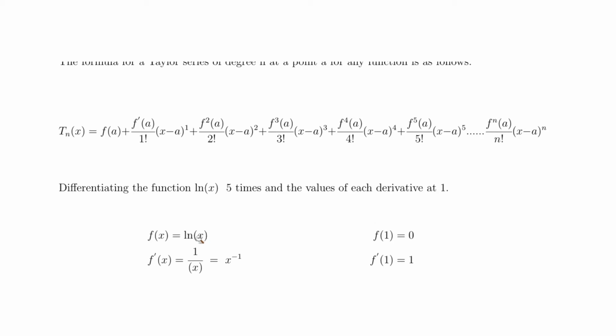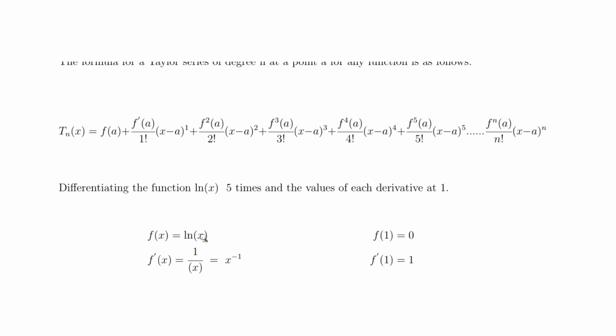Then you take the derivative of natural log of x to get the first derivative. Whenever you're differentiating the natural log of something, you take the reciprocal of what's inside the brackets. In our case it's x, which gives 1 over x, and then multiply it by the derivative of what's inside.